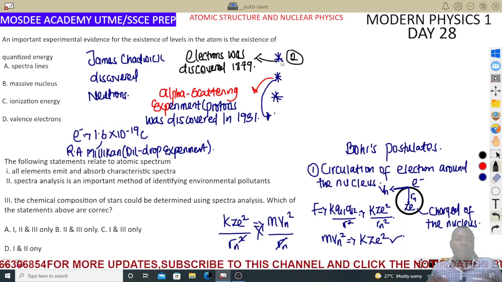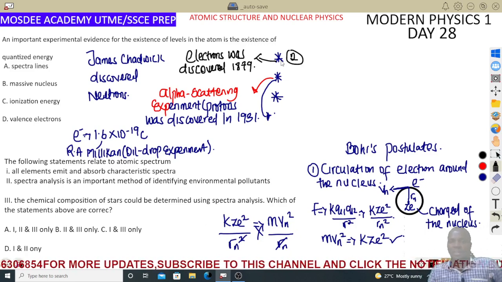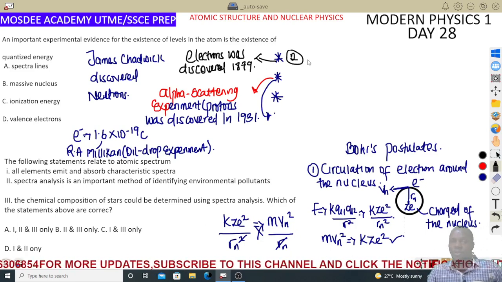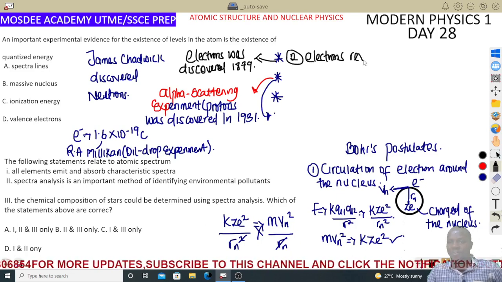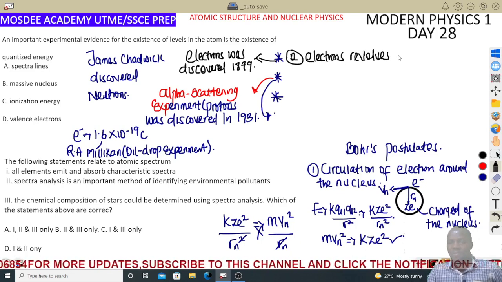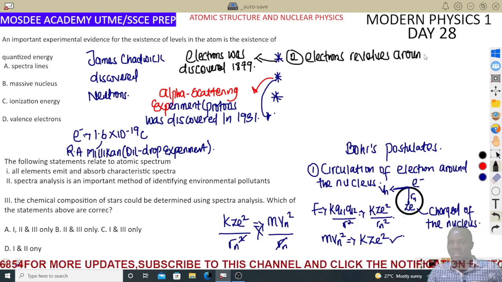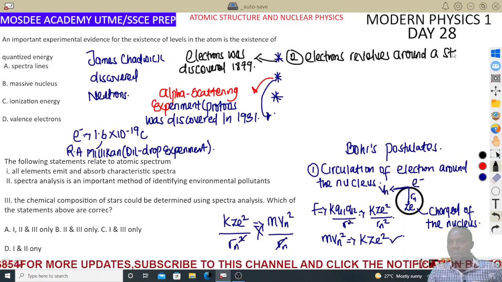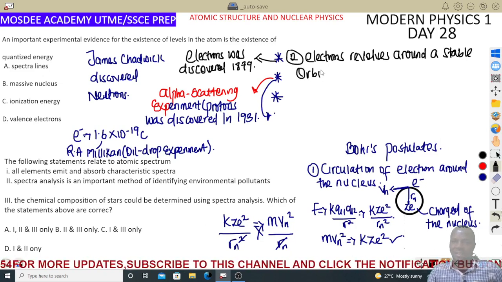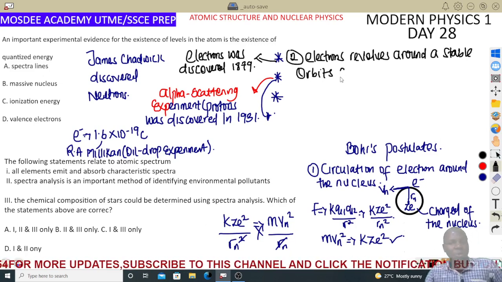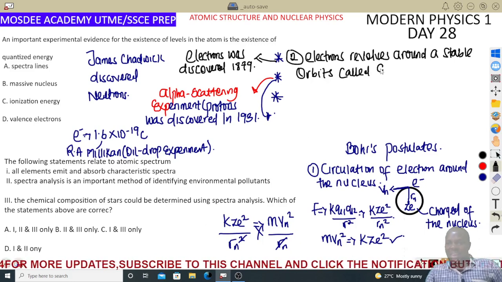It is only when it is in a stable orbit, which is what this question is asking you. So the electron revolves around a stable orbit, called, please, energy levels.